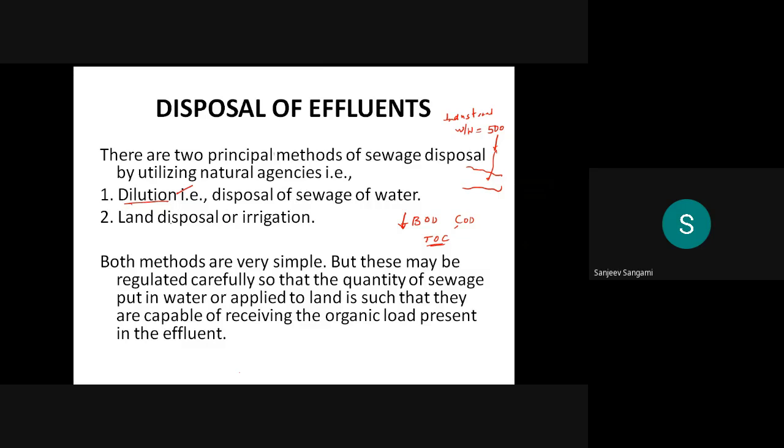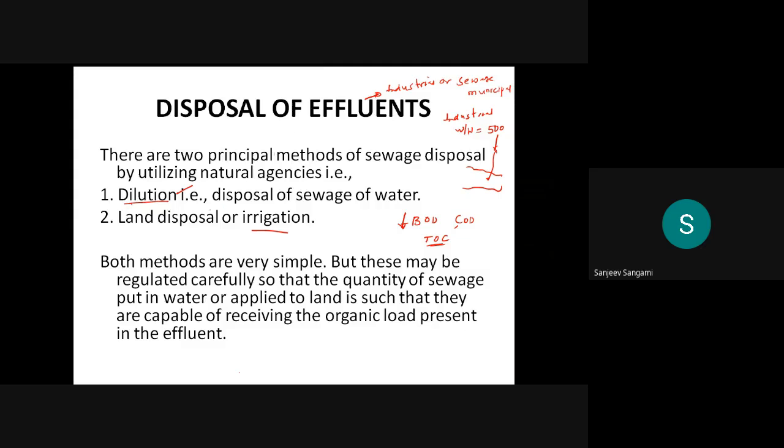Then after that, land disposal or irrigation methods are applied for the disposal of effluents. If I say effluents, it is either industrial wastewater or sewage, that is municipal wastewater.